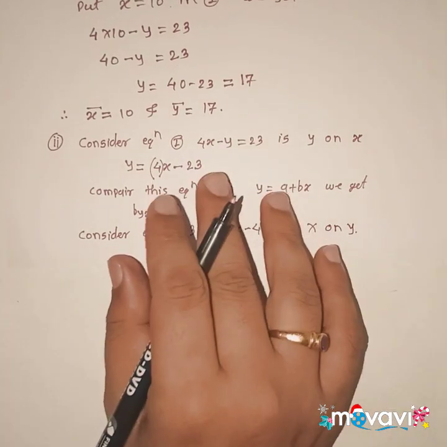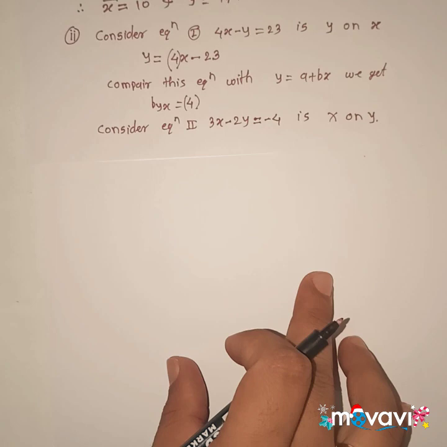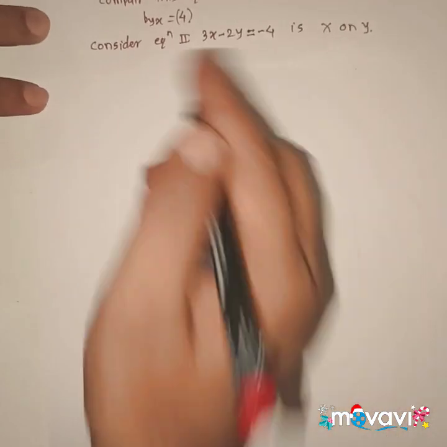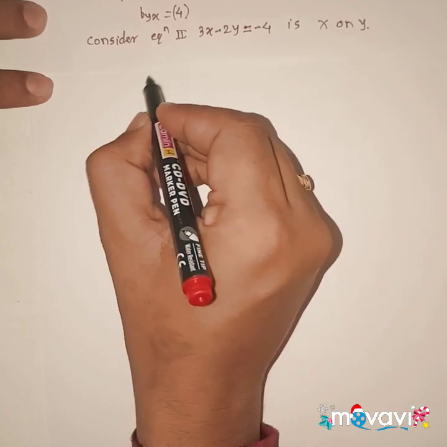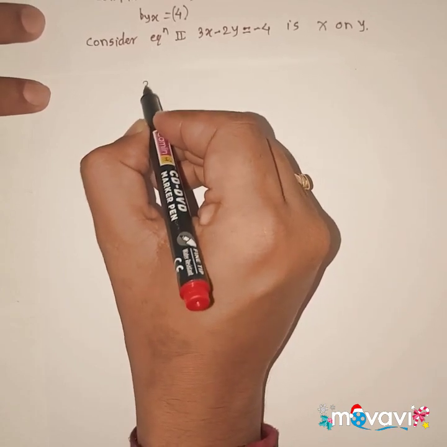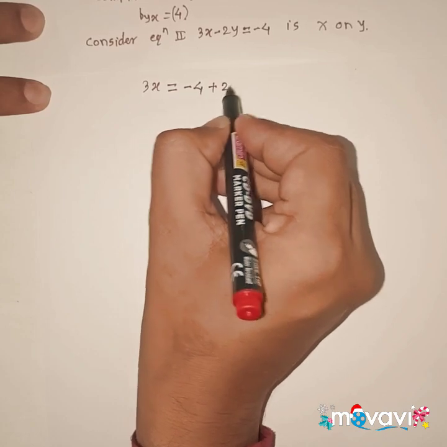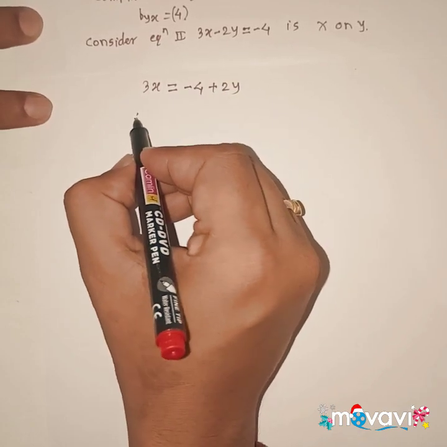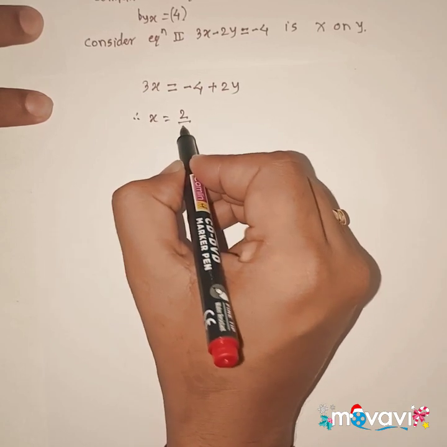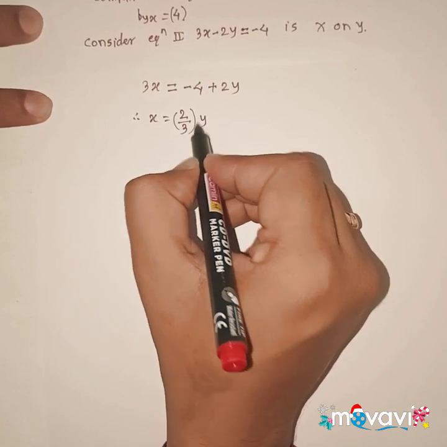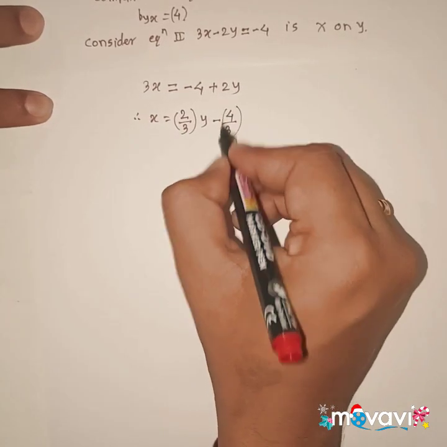So we write this equation for x. 3x is equal to minus 4 plus 2y. Therefore, x is equal to 2 upon 3 into y minus 4 upon 3.